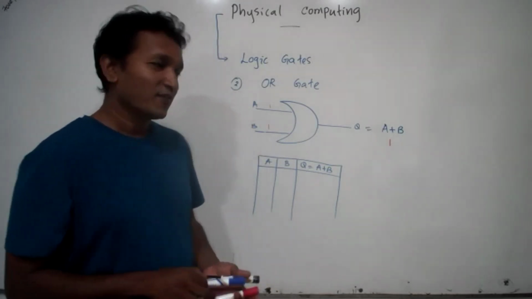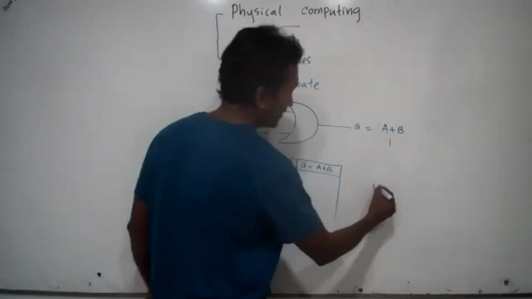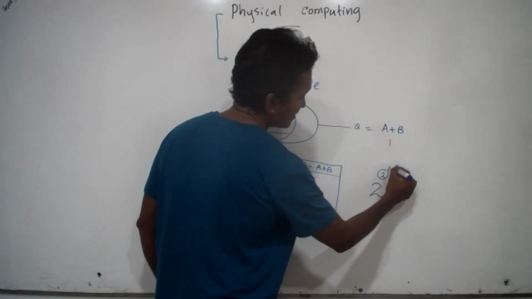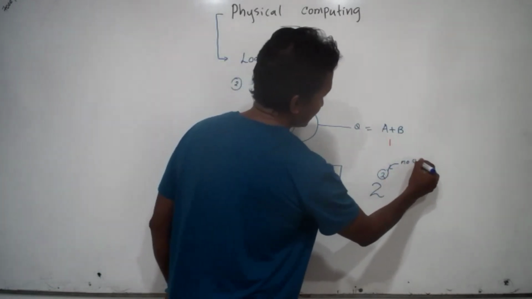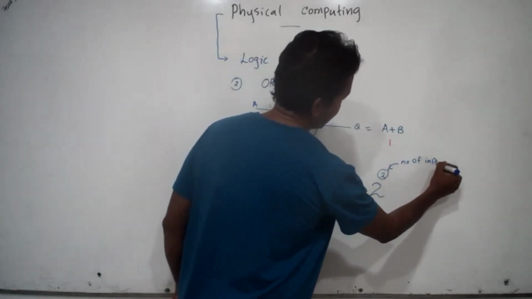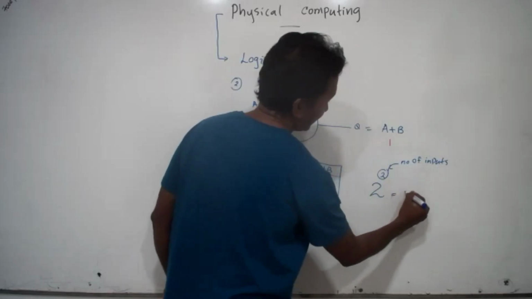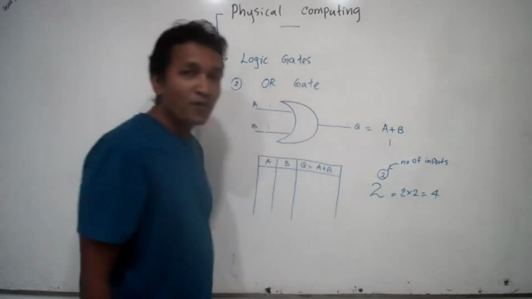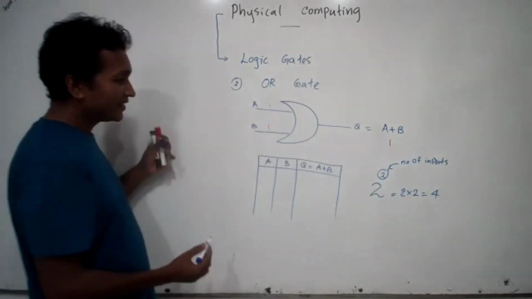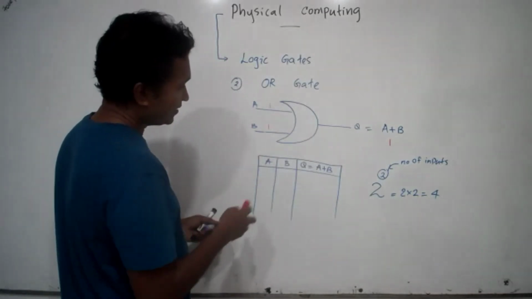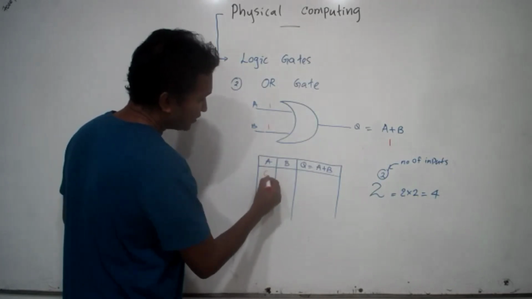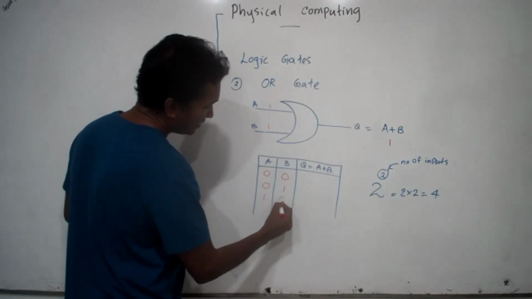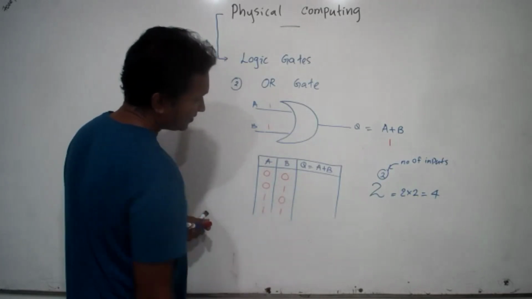Four. How do we get that? 2 to the power of the number of inputs. Then 2 into 2 means 4. There can be 4 possibilities: 0 0, 0 1, 1 0, 1 1.